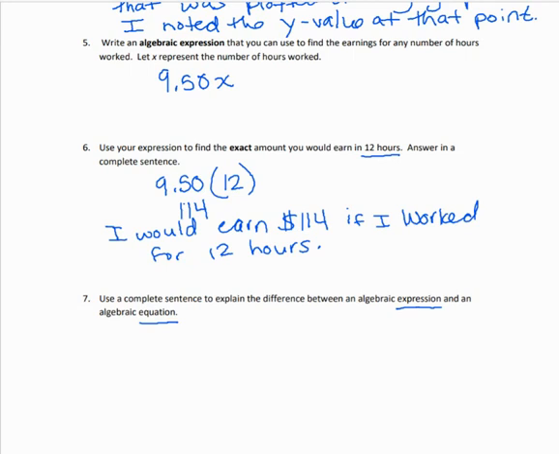Anybody? She said something about equaling, and that's on the right track. But she just had it a little flip-flopped. An equation contains, who can fill it in for me?